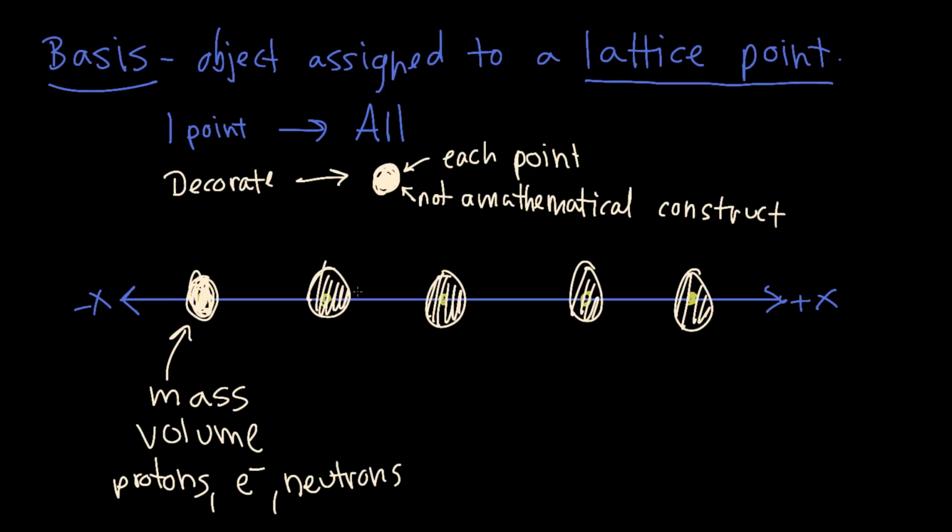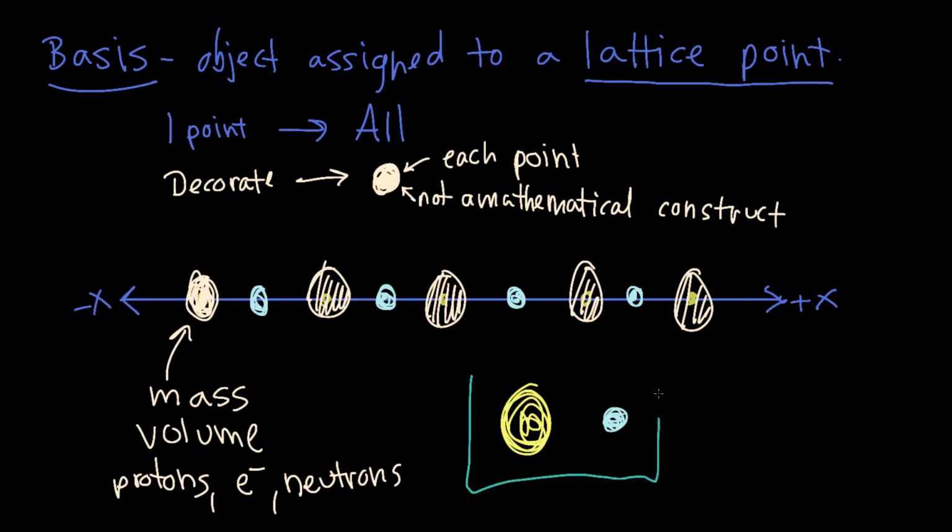I'm not limited to the number of objects I can use in my basis. So I can draw some other points here, some other objects. Now my basis looks like this. This construct here is applied to each lattice point.